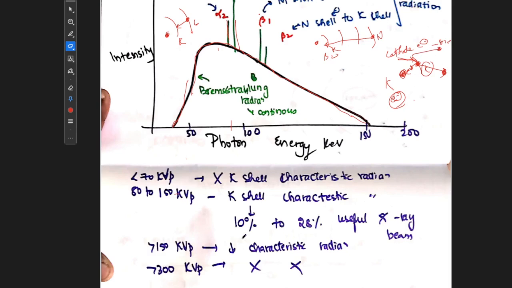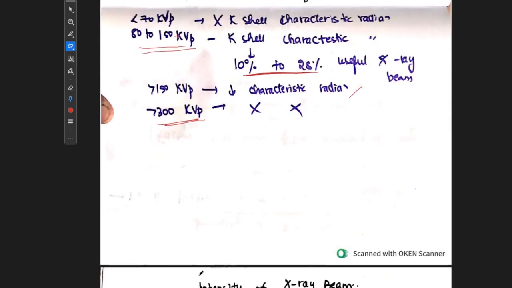So from 80 to 150, characteristic radiation can occur and it will produce 10 to 25% of the useful X-ray beam. If it's more than 150, there is a decrease in characteristic radiation and also in Bremsstrahlung radiation. If it's more than 300 kVp, no characteristic radiation occurs.